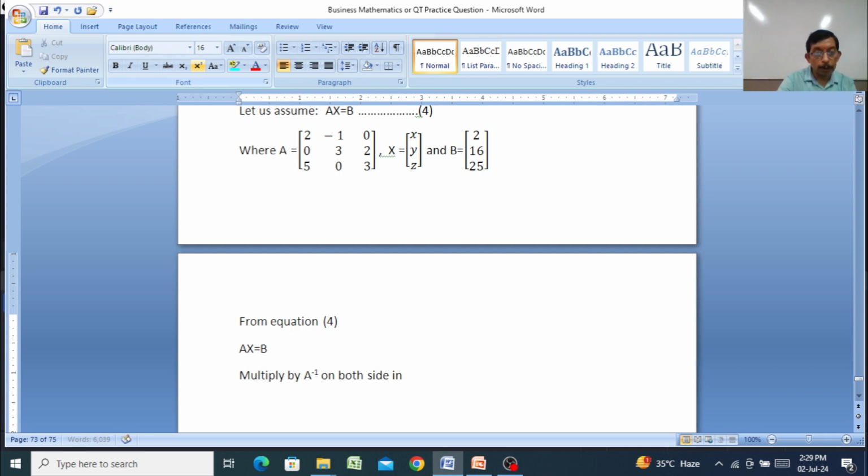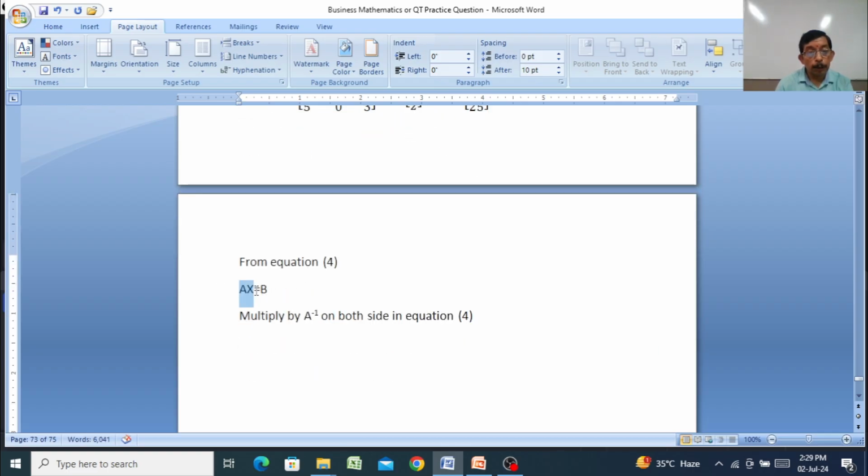In equation 4, multiply by A inverse on both sides.